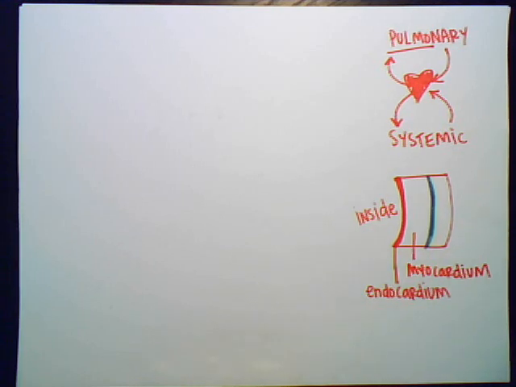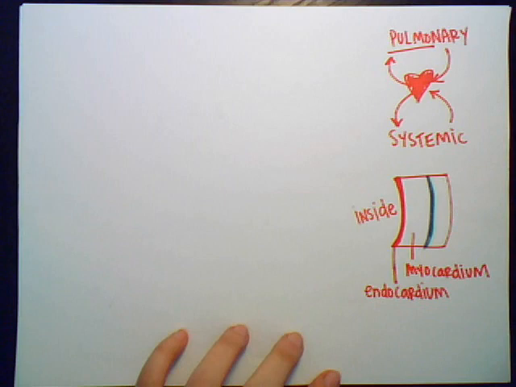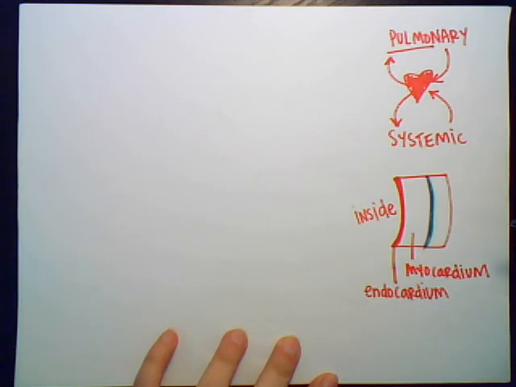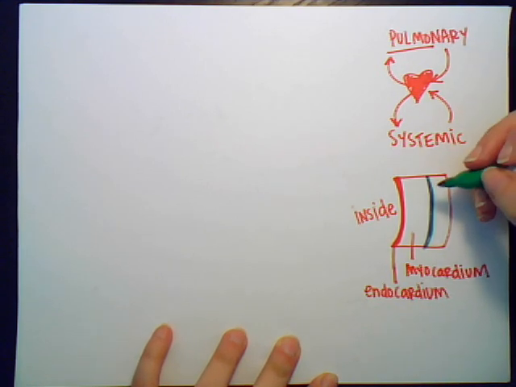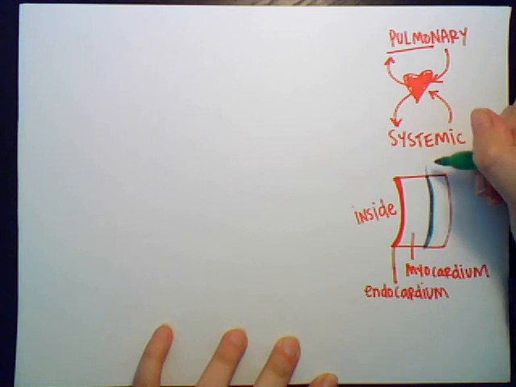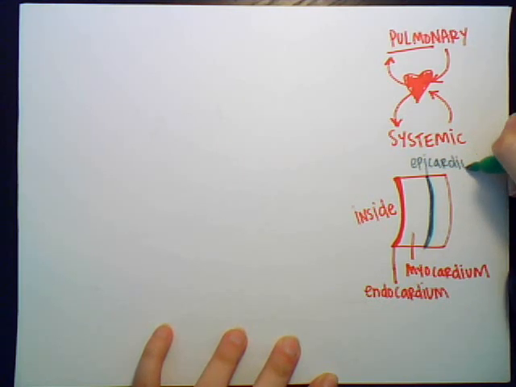Then the next layer, I'll draw the green layer here, that is epicardium, and that's just a simple squamous tissue that actually sits on some areolar tissue as well. So this is going to be epicardium.